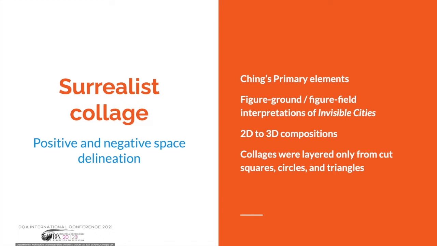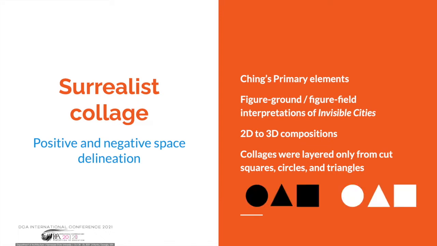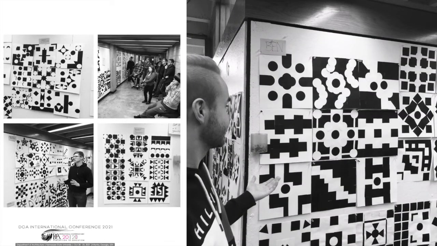Another exercise that the Surrealists gave us, building on that, is this idea of the collage and how it respects or responds to things, images that are already made, and then start to build up those into a collaged atmosphere. We concentrated on Ching's primary elements, which are circle, triangle, and square, and how we could collage together layers of these cutout pieces into figure ground, figure field interpretations, inspired perhaps by the Noli plan for Rome, and how that figure ground becomes an expression of a city in plan form.